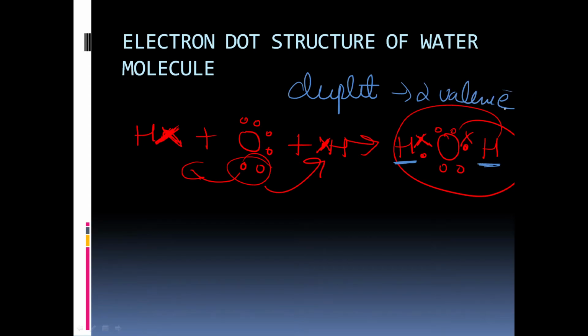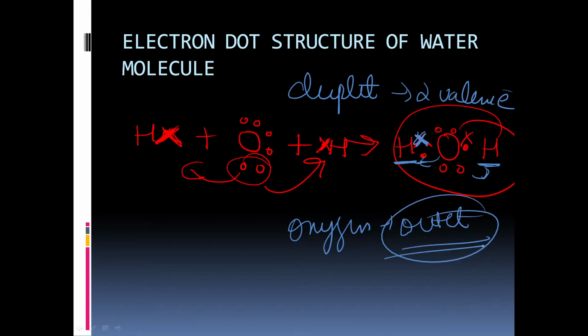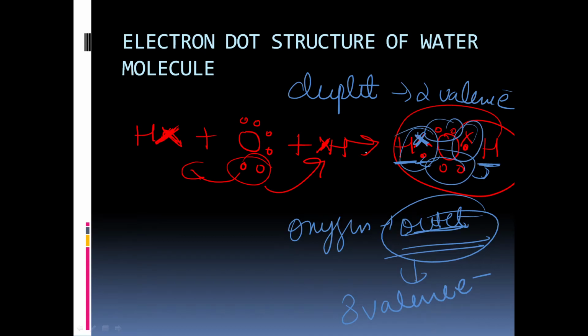So oxygen gave one to it and formed a bond. Oxygen requires 8 valence electrons to complete its octet, right? So 2, 4, 6 and 8. This is the way they form bonding.